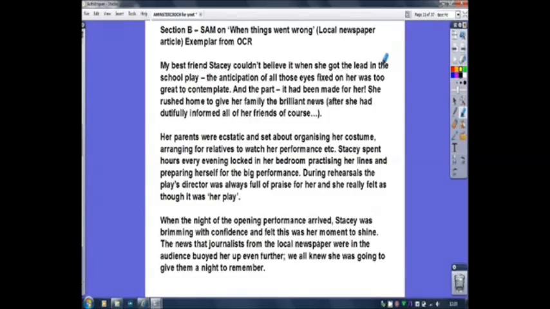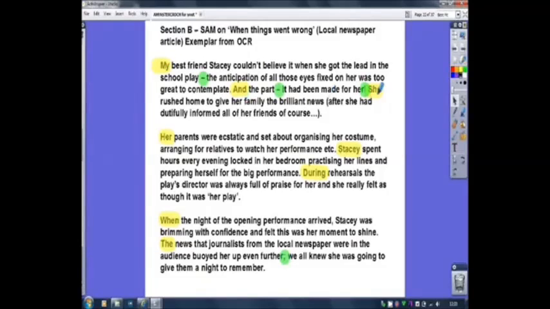Right, let's look at an example given to me by the OCR exam board, and they tell me that this is worth a band 2. In other words, it's probably an A grade response. I won't read it yet, but I'm just going to show you my next screen. Do you remember I told you about the start of sentences? Well, look at how these start.